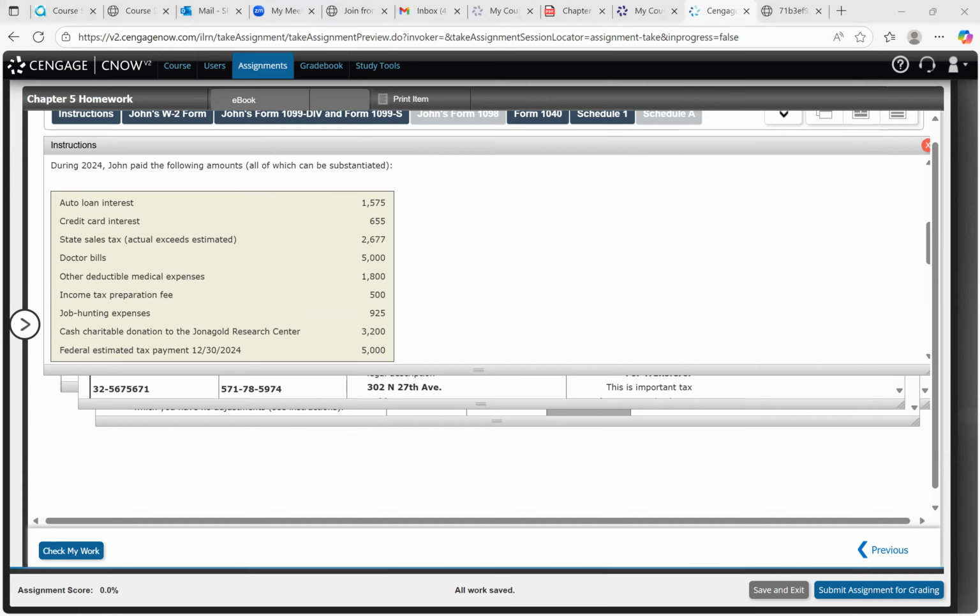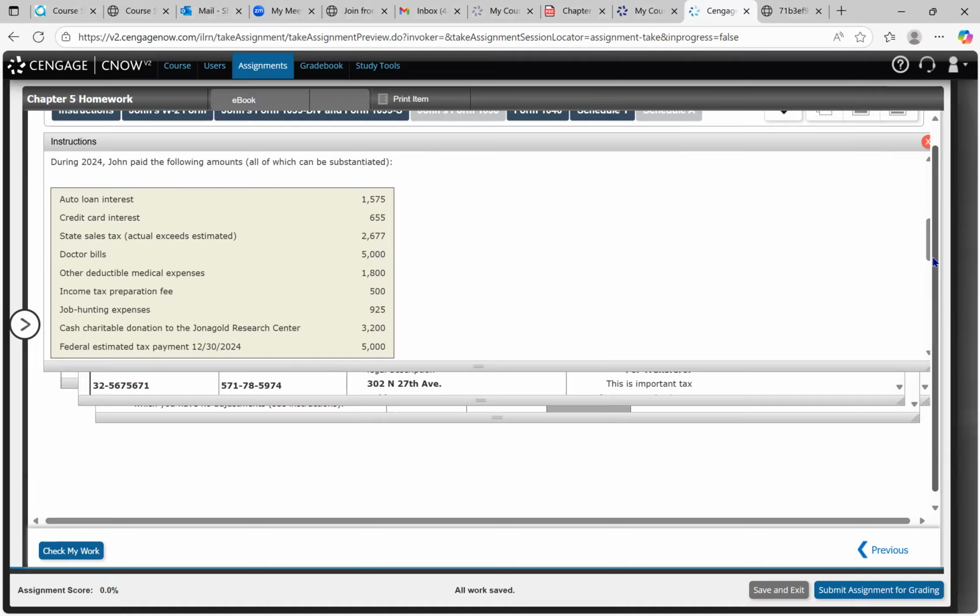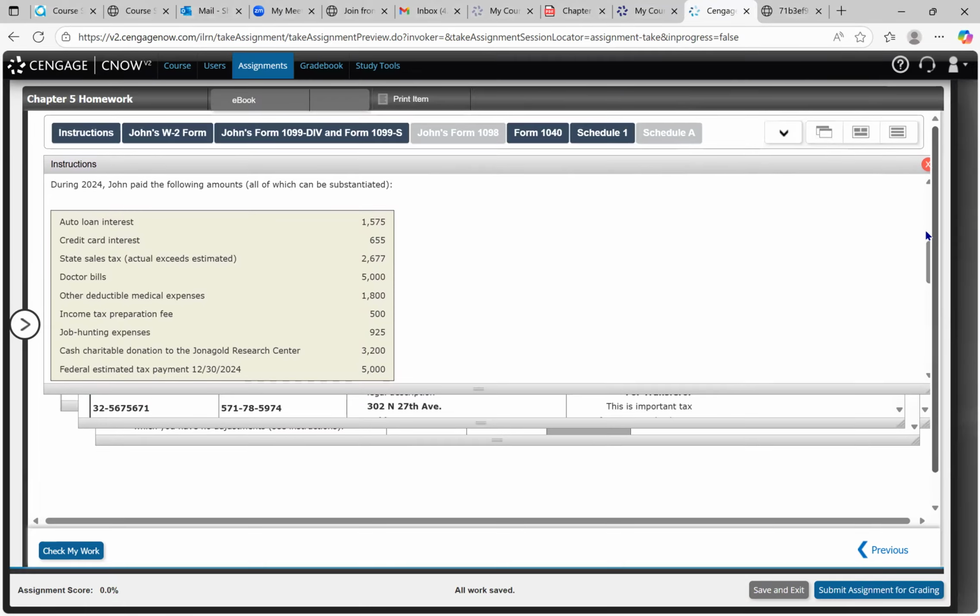So we would put the sales tax in here because you can pick either income taxes or sales tax. So here's the 2,677. Then it will tell us the various other taxes. I believe it said he had property taxes of, here, let me move that up.